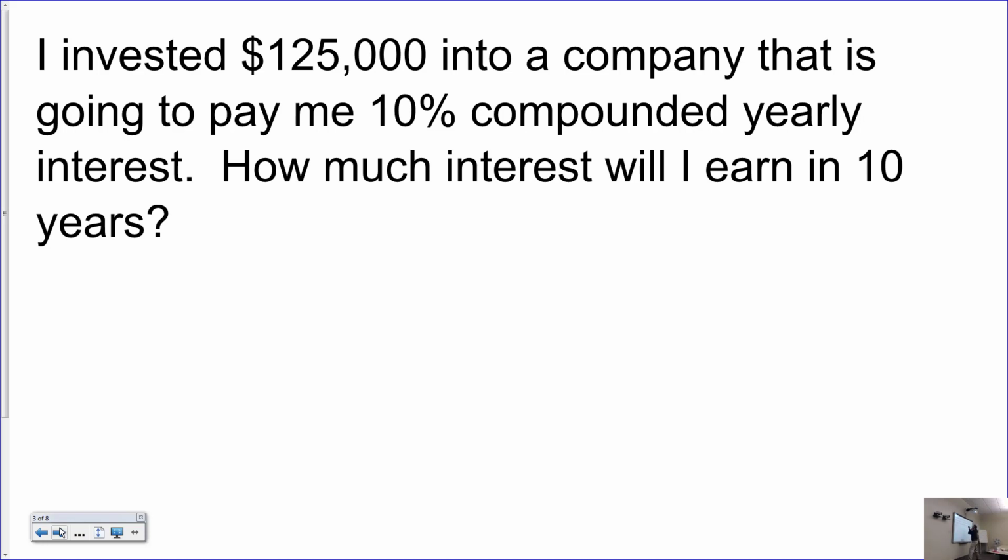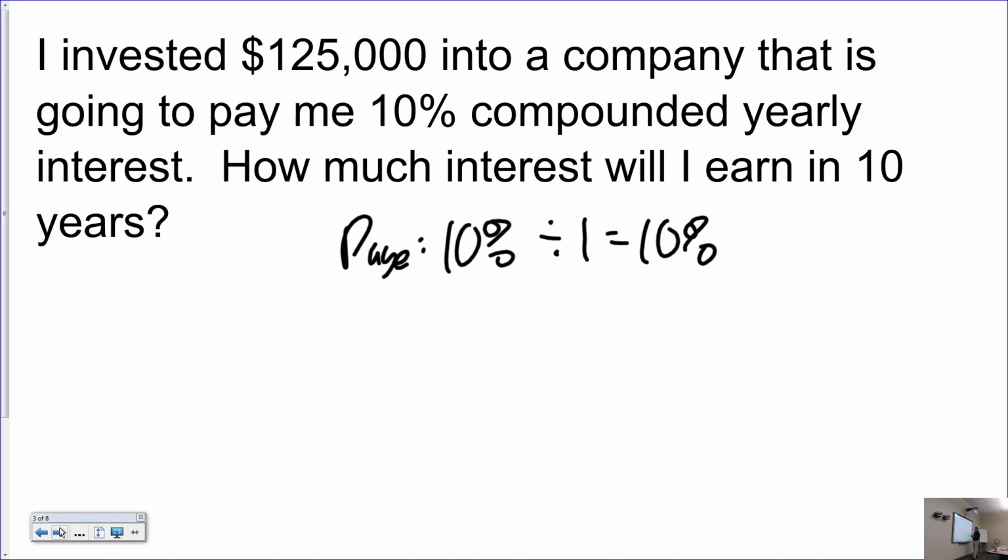Okay, so figure out what page you're on. You take the 10% interest and divide it by the number of periods, which was yearly, so it'd be 1, so it'd be 10 again. Okay, exactly. We're staying on the 10%. And then it would also be row 10 because it was 10 years, and it was compounded annually, once a year.